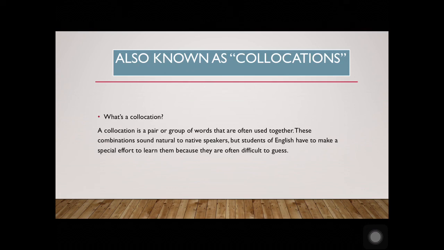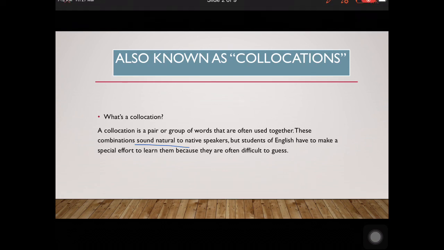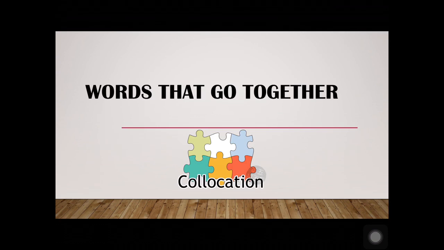They make a combination of words, so you can have an expression with a specific meaning. And they sound natural to native speakers, but for you guys, maybe they are difficult, maybe they are not, but don't worry. Just keep practicing the collocations, and I can assure you that you will learn the words that go together with no difficulty.